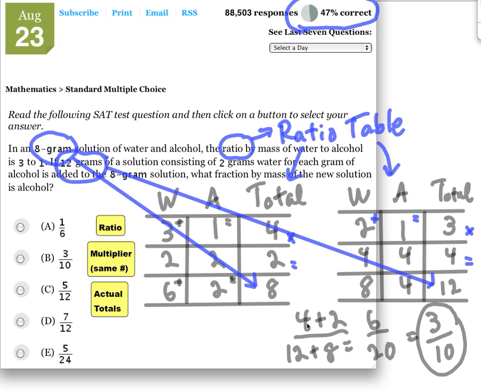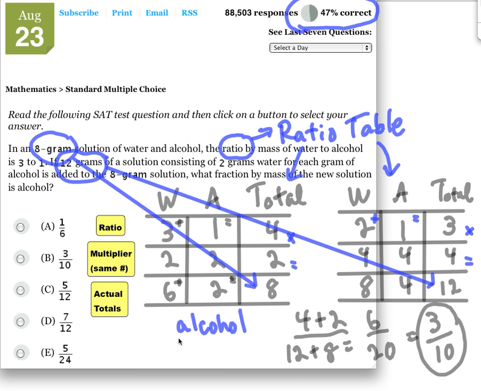Okay, so now I have the total amounts of water and alcohol for both the 8-gram solution and the 12-gram solution. So the final question is, what fraction by mass of the new solution is alcohol? So basically we need the part that's alcohol over the entire part, right? So we need alcohol over total.